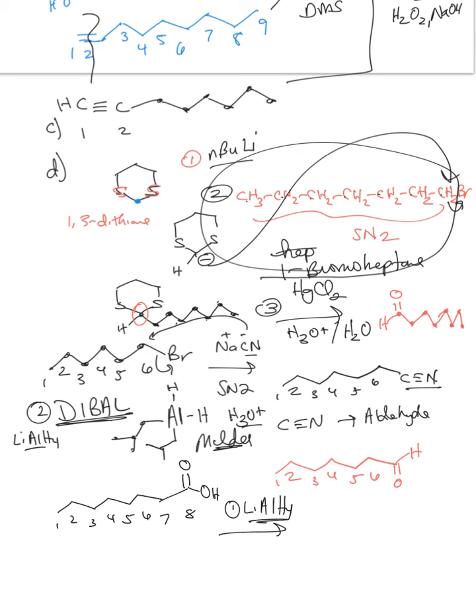This is what you're used to seeing, and that will reduce a carboxylic acid to the alcohol. So that goes to the primary alcohol, and then you can just do a PCC oxidation to give you your aldehyde.